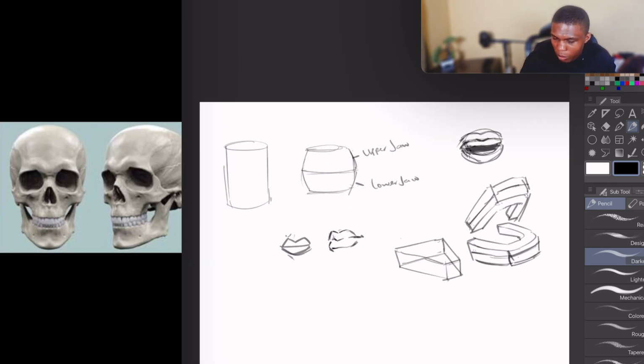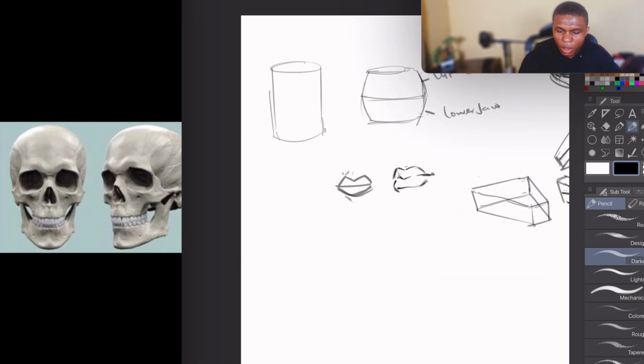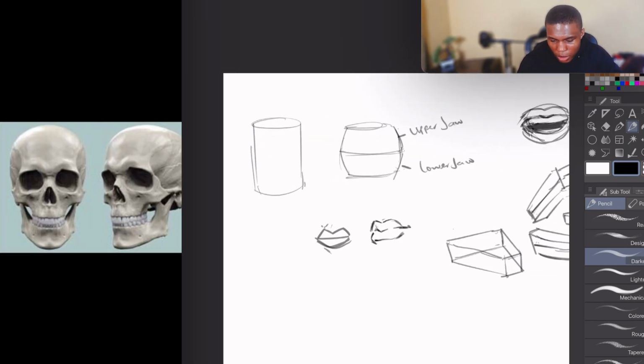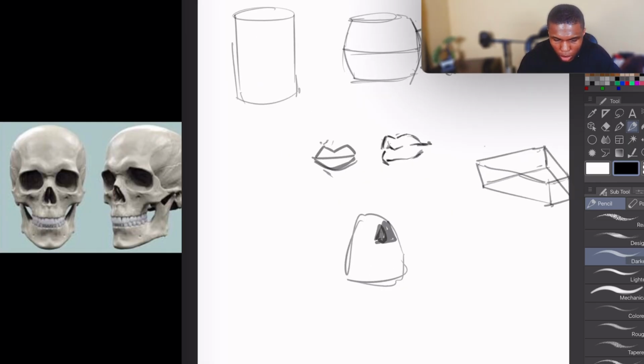But anyways, I'm being a bit scattered brained here, but let's just break down the mouth. Like I've talked about the maxilla, which is this part of the jaw that kind of houses the nostril part. The nostril is here, and then we'll have our maxilla here.